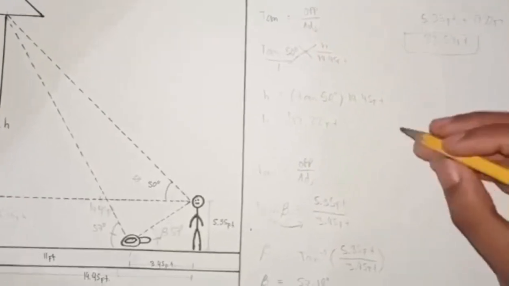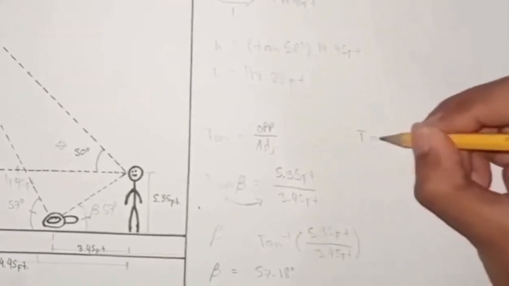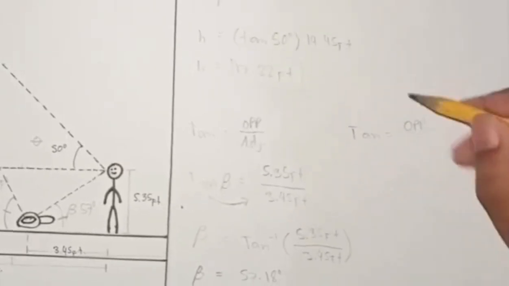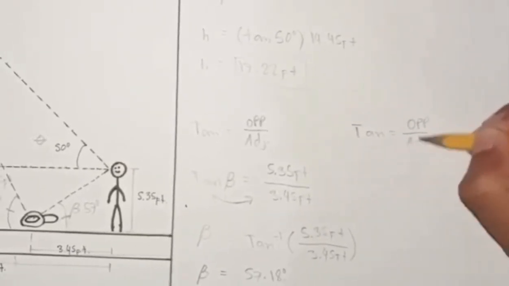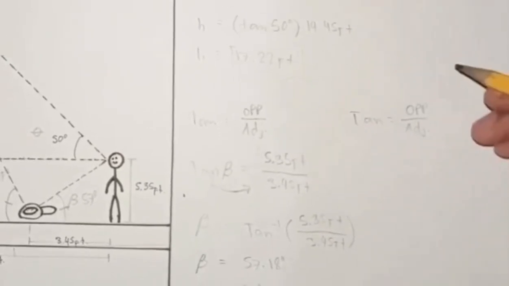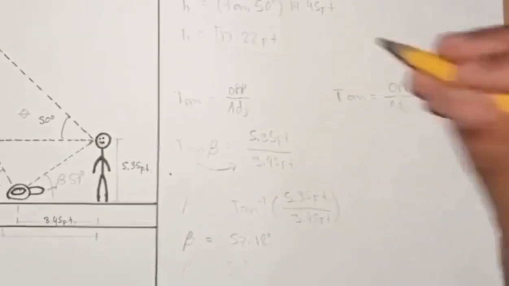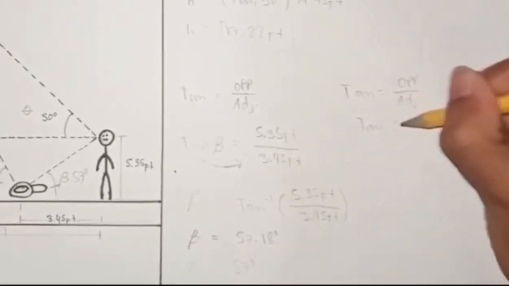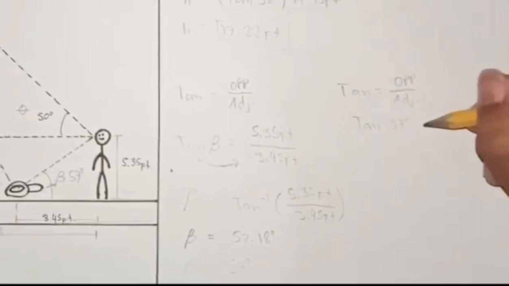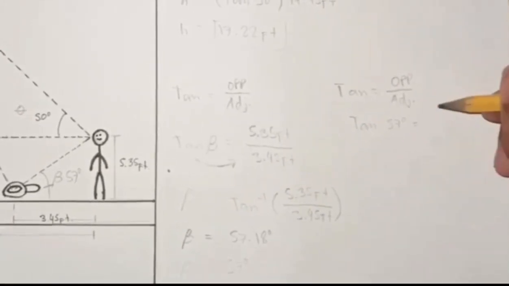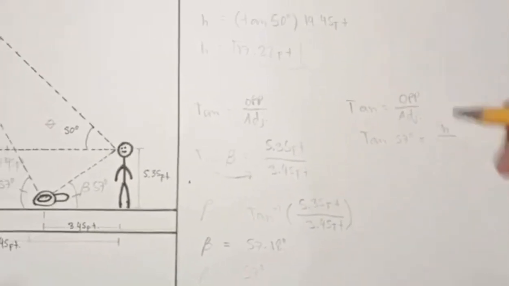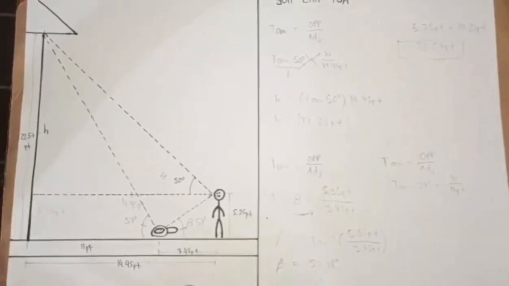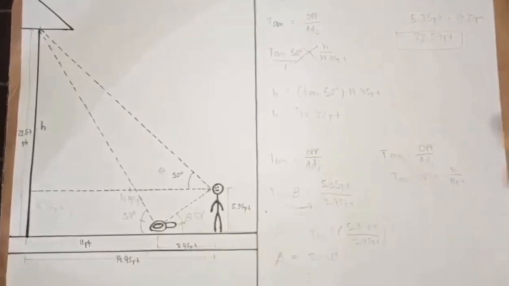We use the tangent. The tangent is equal to opposite over adjacent. Then, let's substitute. Tangent 57 is equal to the height over 11 feet, which is the distance between the wall and the mirror.